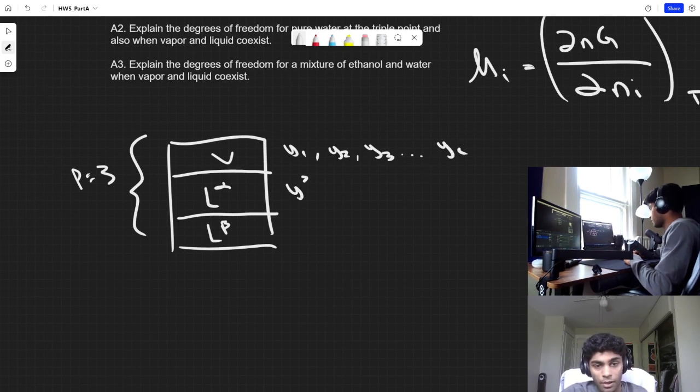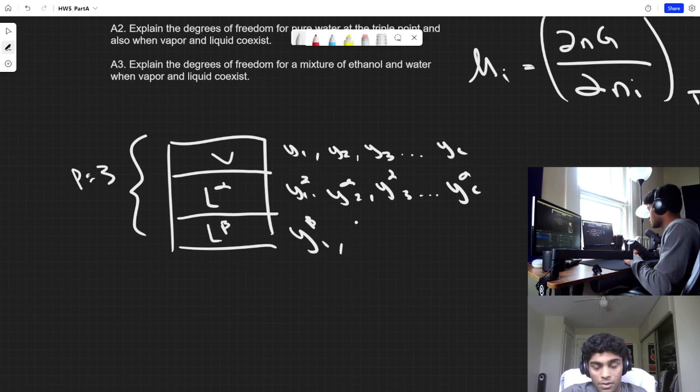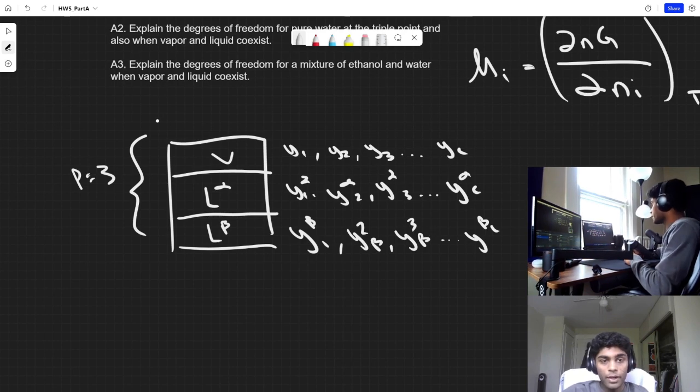You're going to have a y alpha 1, y alpha 2, y alpha 3, and so on. Going to have some C amount of alpha components, and then we're going to have some C amount of beta components too.